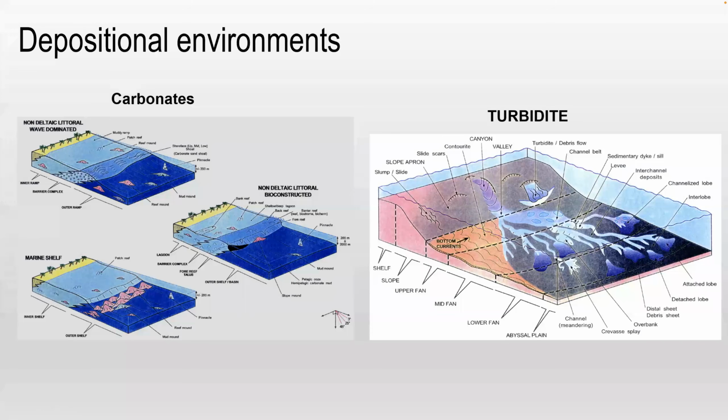Because we have different types of depositional environment. For example, look at this. In this part, you have shoal facies, but sometimes you have reef instead of these shoal facies, and sometimes in this area you also have shoal facies in the tidal flat area or lower intertidal.